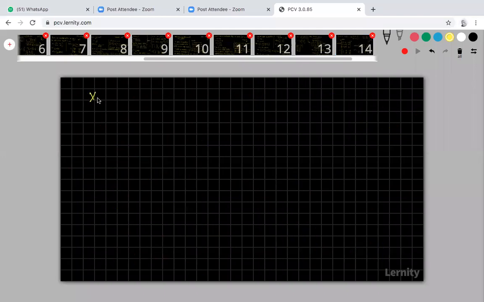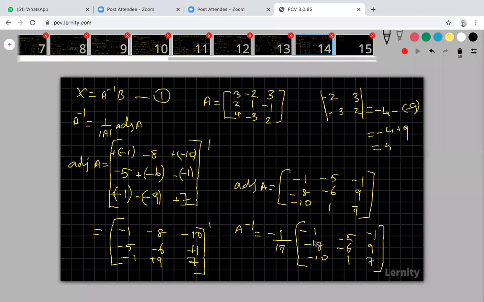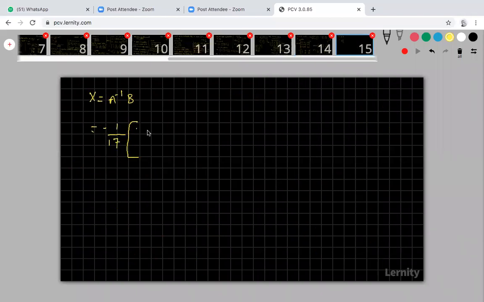What is X? X is equal to A inverse into B. What is your A inverse? -1/17, -1, -8, -10, and -5, -6, 1, and -1, 9, 7, into the B matrix.